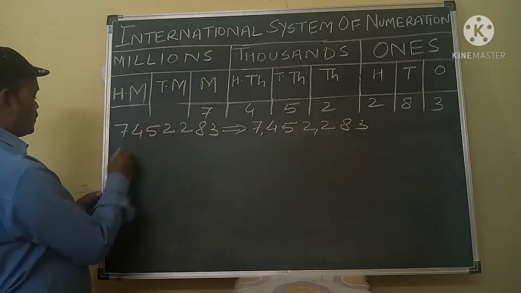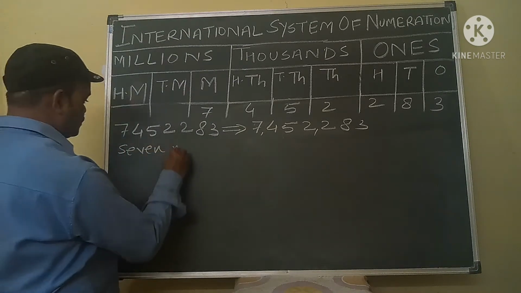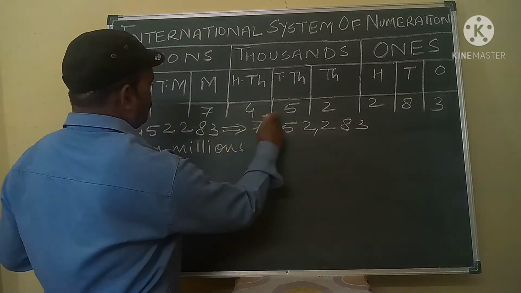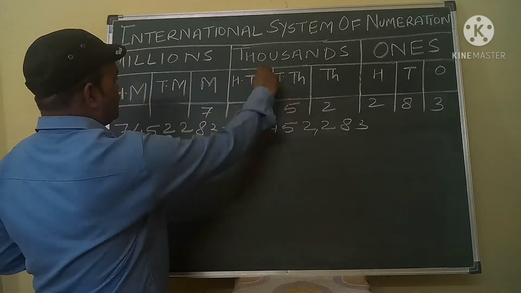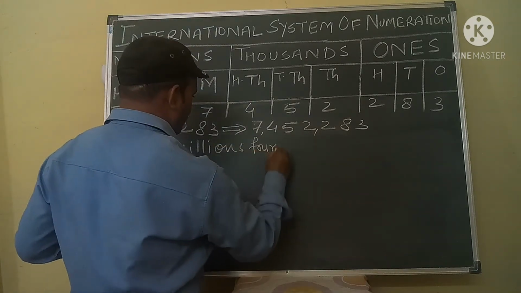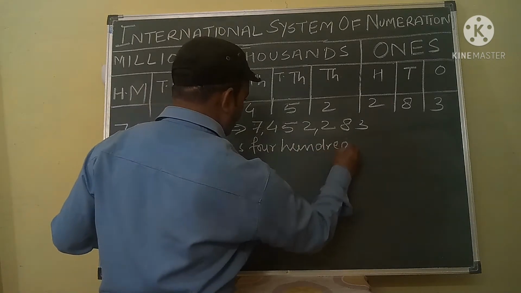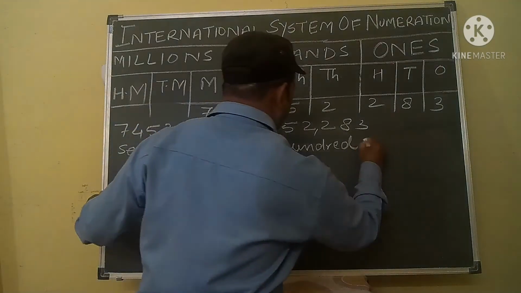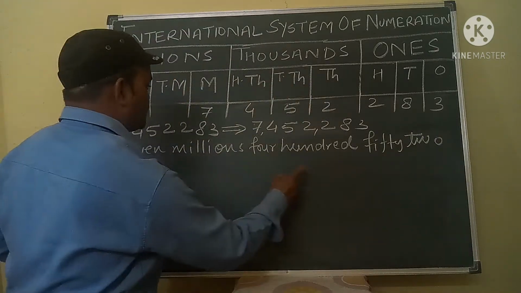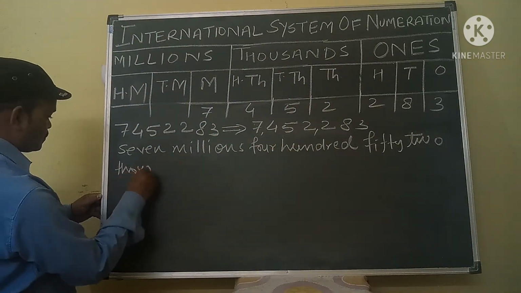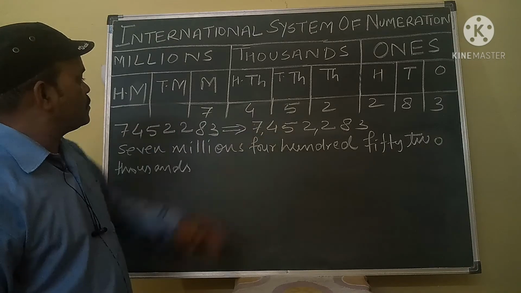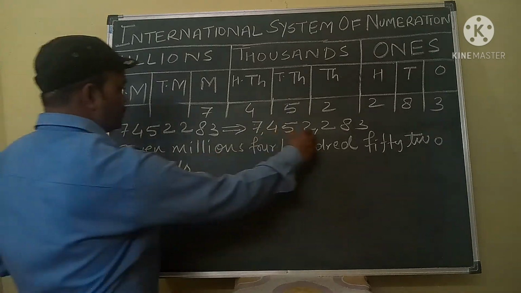So, what can you write? 7 million. 452 is in which period? Thousand period. So 7 million 452 thousand 7,452,283.